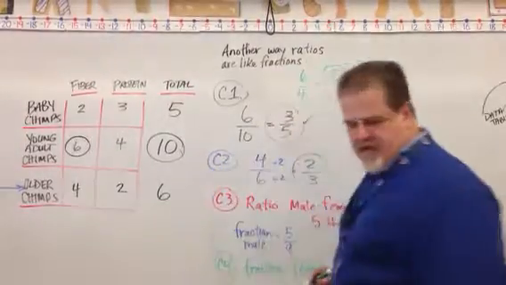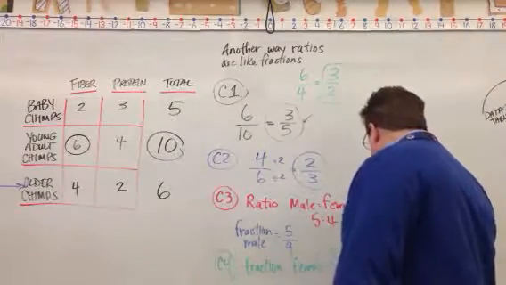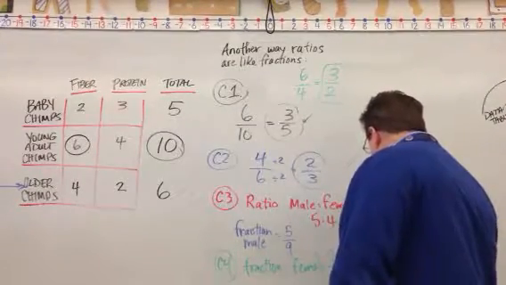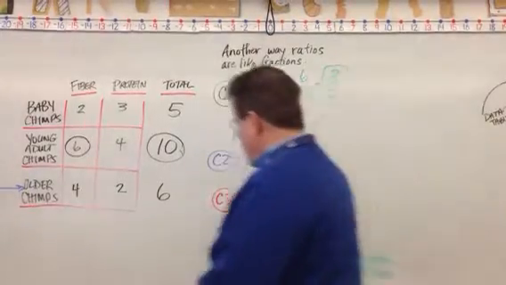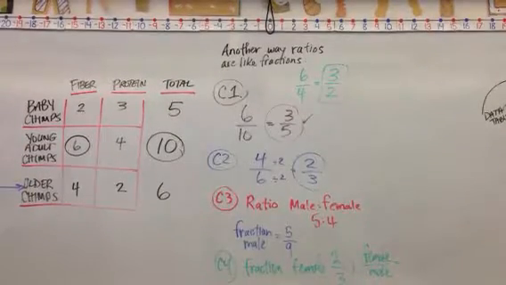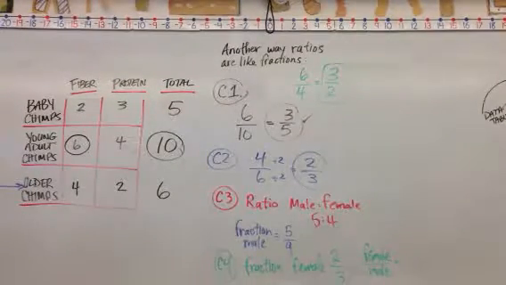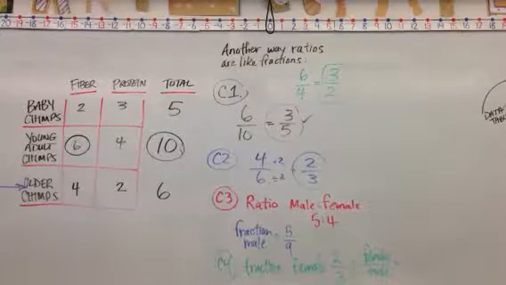What's the ratio of female to male? So if the fraction of the chimps in a zoo that are female is 2/3, Stephen, what's the ratio of female to male chimps? It's going to be 4 to 9.